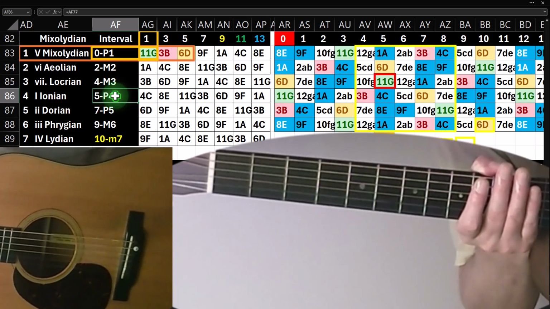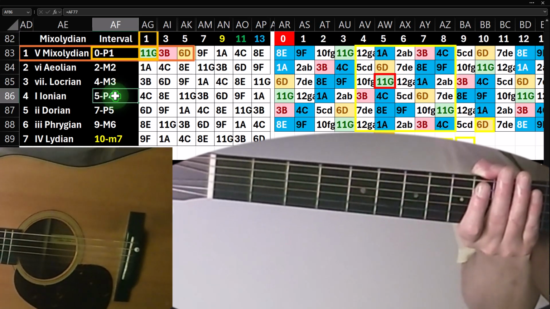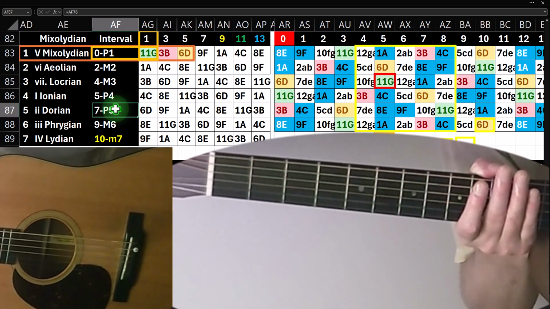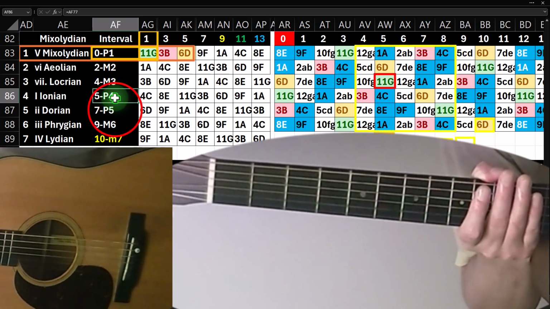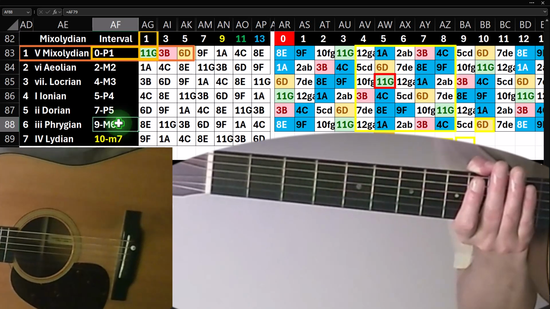We've got a 5 note away perfect fourth, which is the same typically for most major and minor constructions. We've got a 7 note away perfect fifth, which is again the same generally for both, and then a 9 note away major 6.